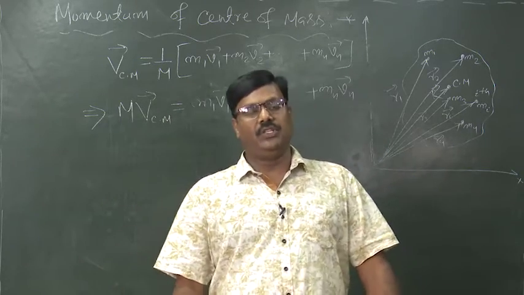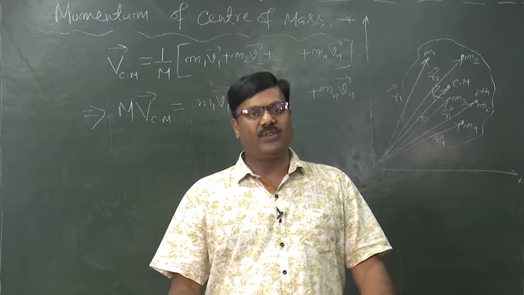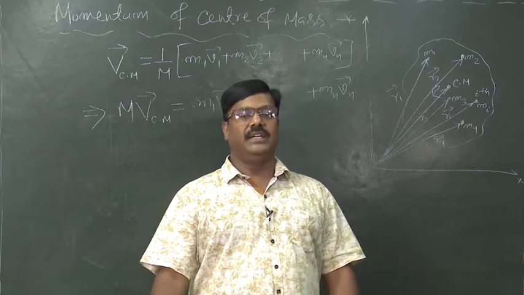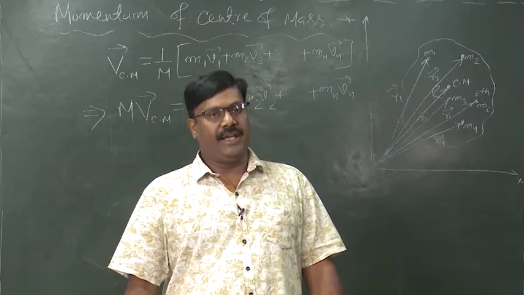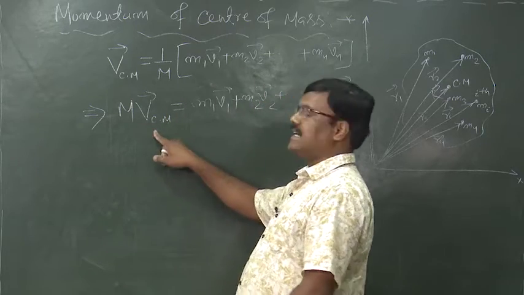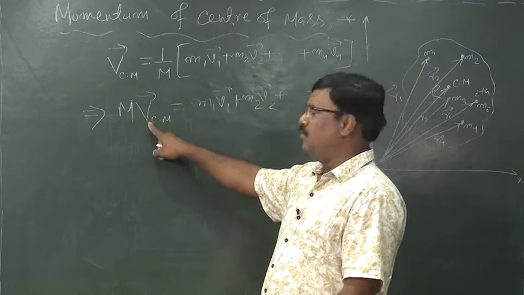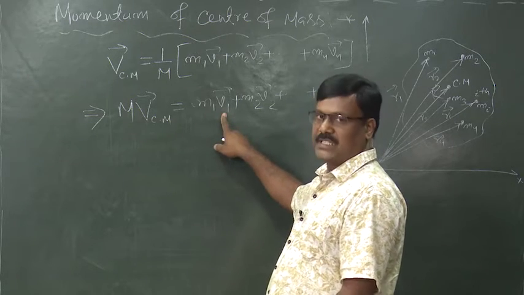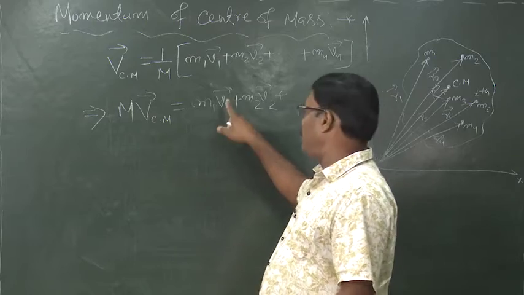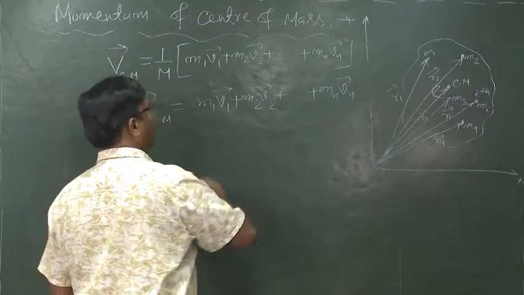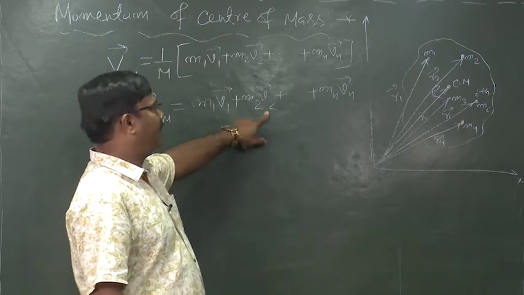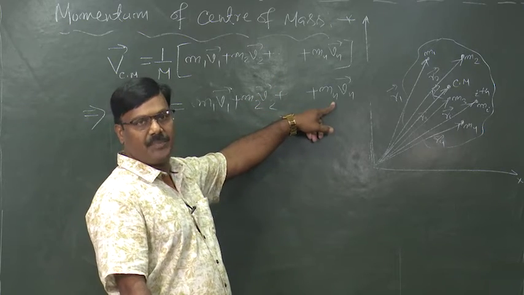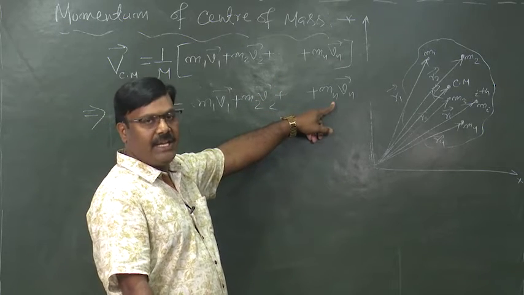As we know, the momentum of a particle is equal to the product of its mass and velocity. Hence, we can write this as the momentum of the center of mass, whereas m1 v1 represents the momentum of the particle having mass m1, then the momentum of the second particle, and likewise mn vn represents the momentum of the nth particle.